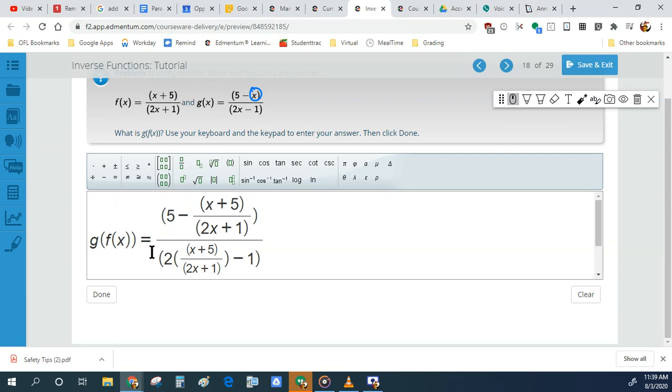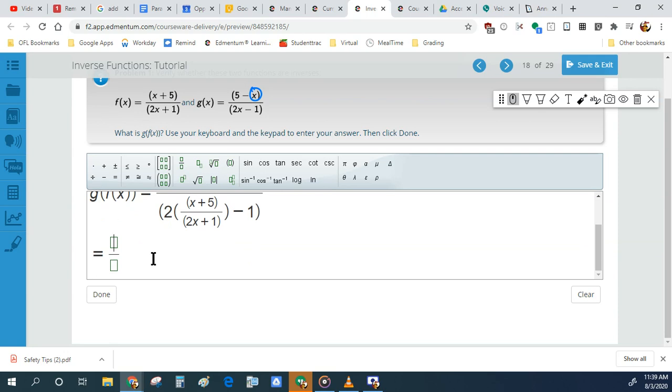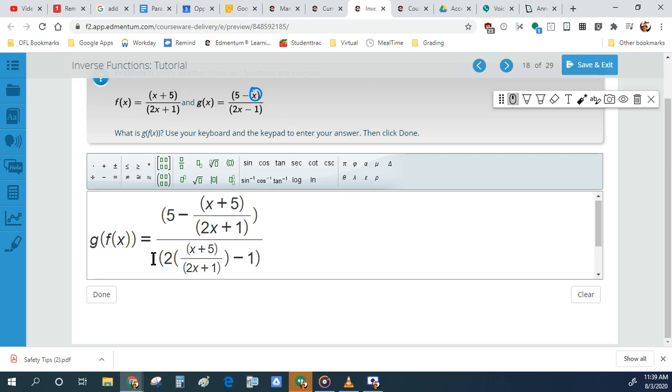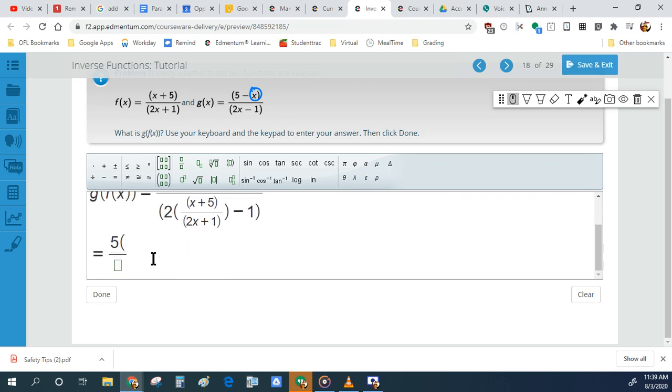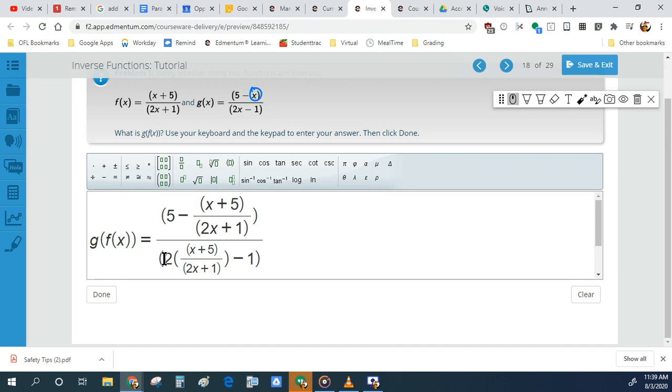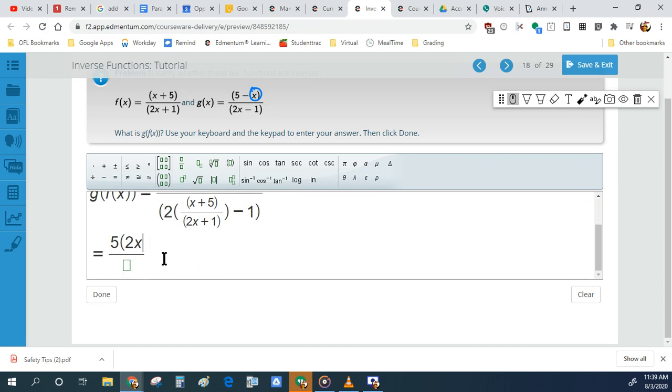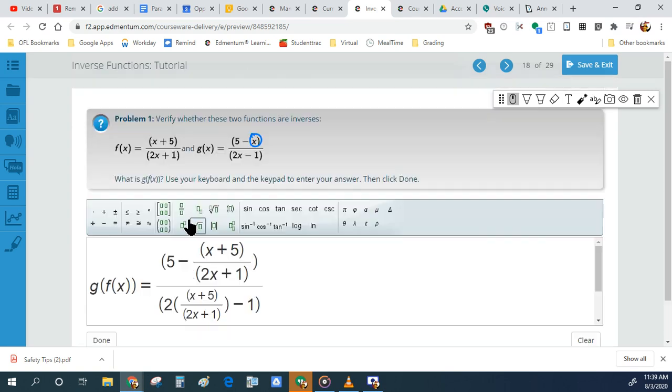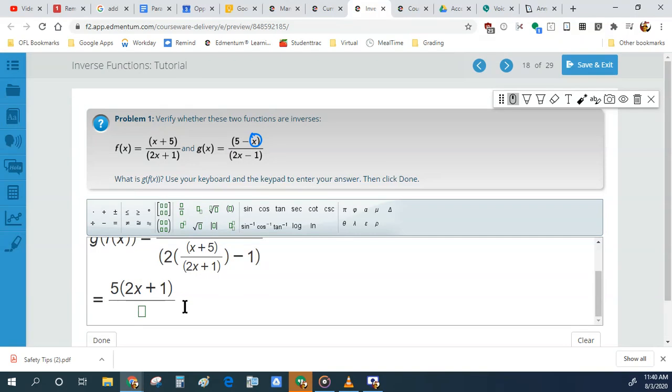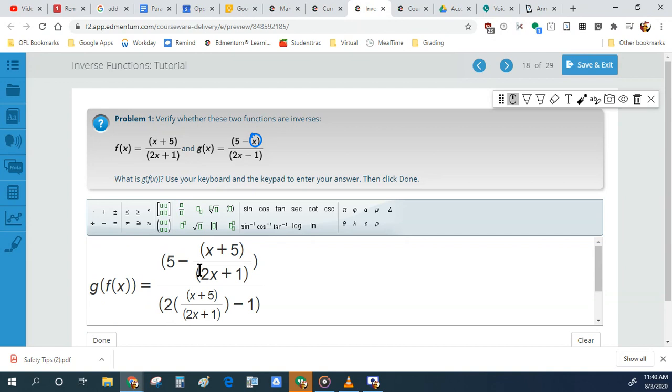So this ends up being 5 times (2x plus 1) plus 1. And then, since it's 5 minus, I'm going to do minus.